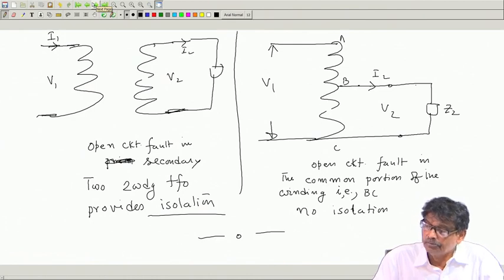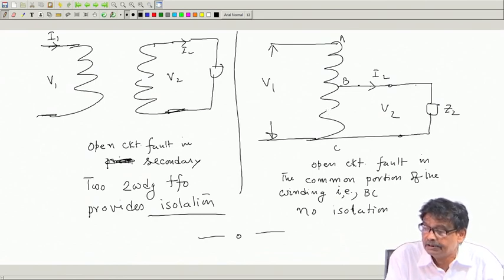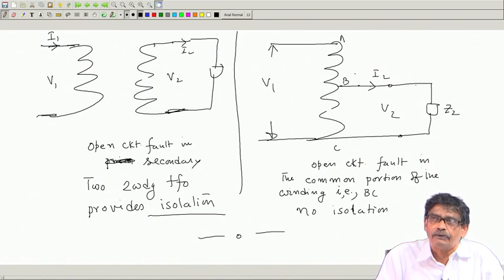But that is not the case if an open circuit fault occurs in the N 2 turns, that is the common portion of the windings of an auto transformer. Even if it becomes open, with the primary energized, this high voltage may appear across these. Of course, this voltage minus whatever is the drop here will appear across the load.